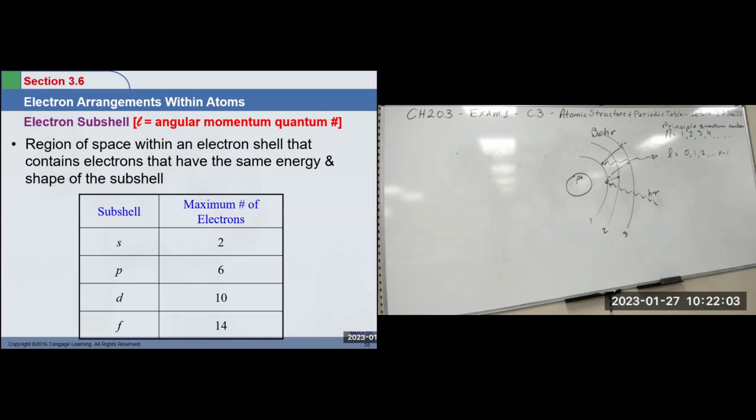Think of this as a tree, roots. Start here, and if you go down this one, then the root can divide three times. So at each one of these, you could have so many L's. They sort of branch out from each other. This is known as the angular momentum.